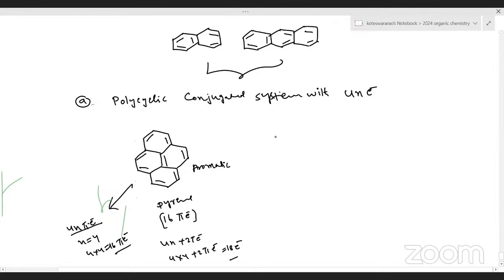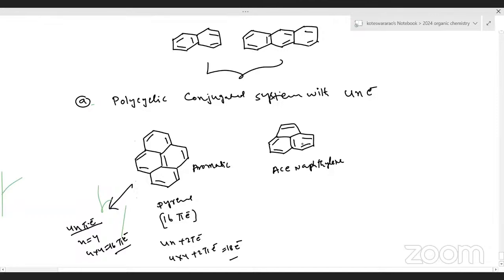The other is naphthalene. How many electrons are in that?